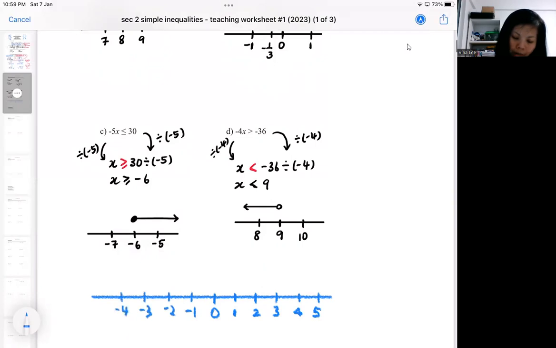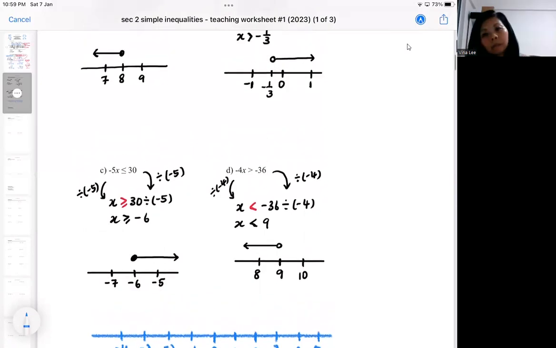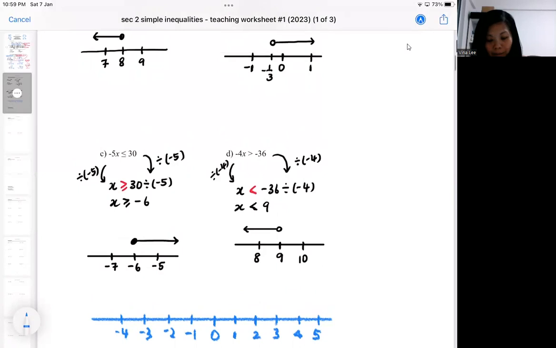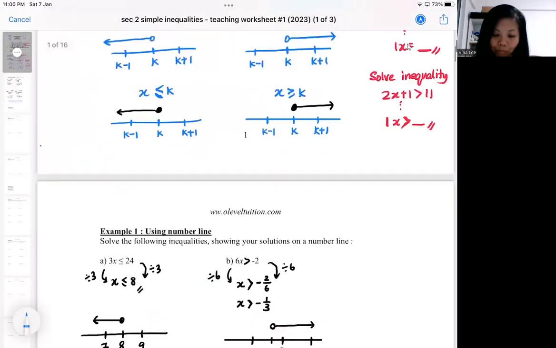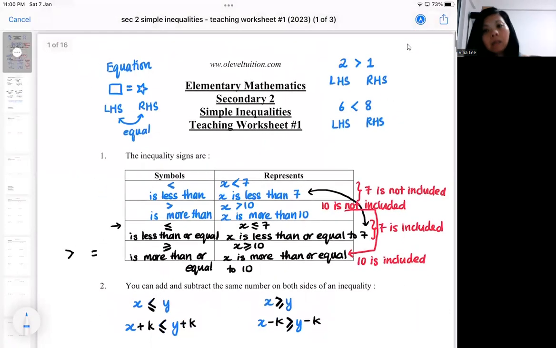Yet there are a lot of students, the weaker students, who find themselves making a lot of careless mistakes, even though the logic is very simple. Only when you divide or multiply by a negative number do you reverse the sign. So the graphical representation is the typical number line that you learned in Sec 1. That will be the basis to get you started on inequality first.